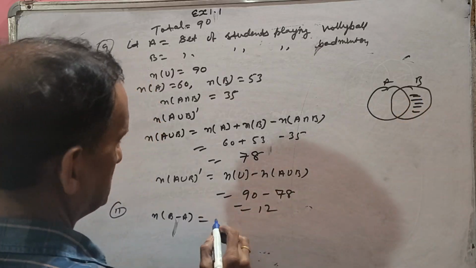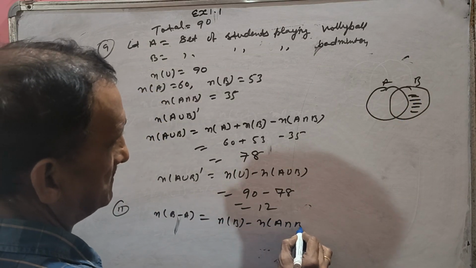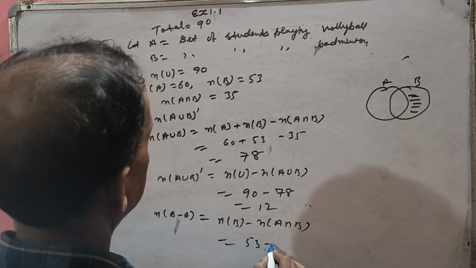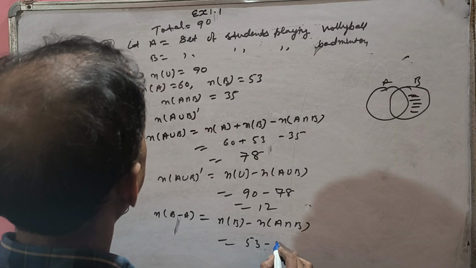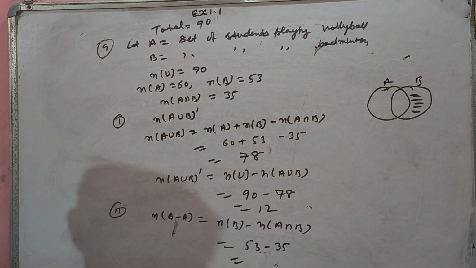This minus this. This is what? n(B) minus n(A intersection B). n(B) is given 53. A intersection B is given 35. So subtract, how much will we get? Is it 18?